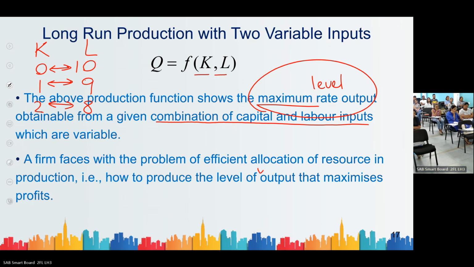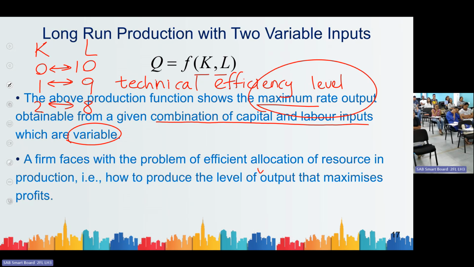Both labor and capital are variable. Maximum level of output means the producer is operating with technical efficiency. There is no wastage.